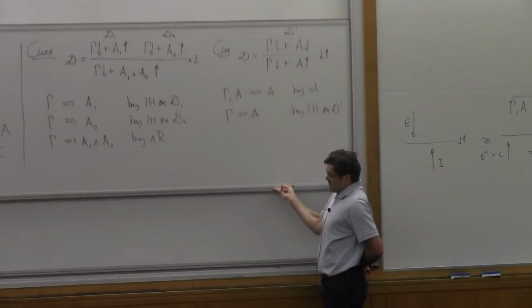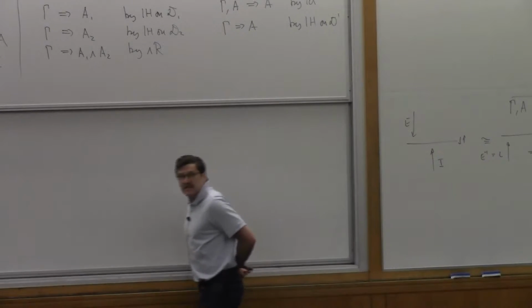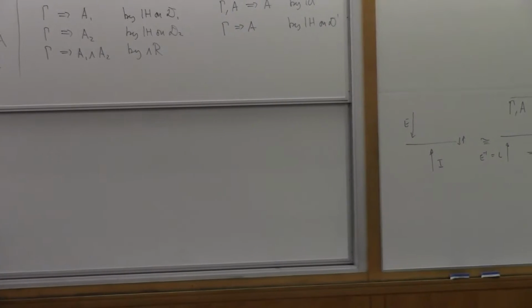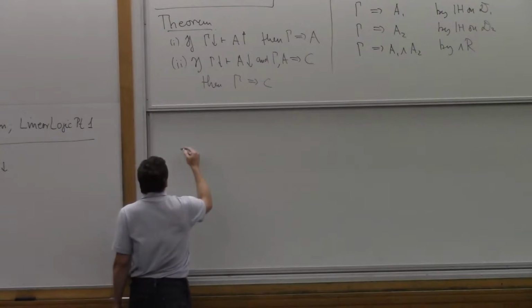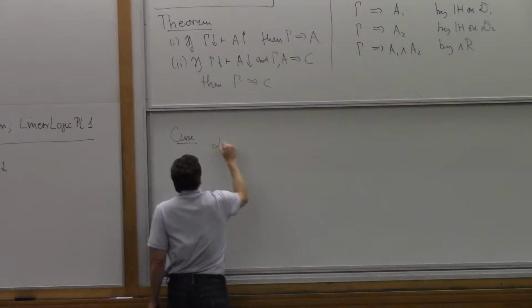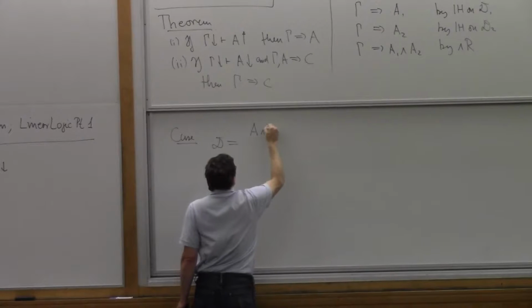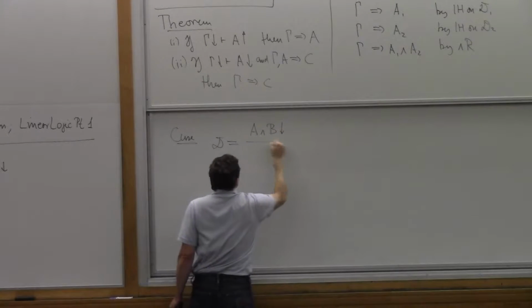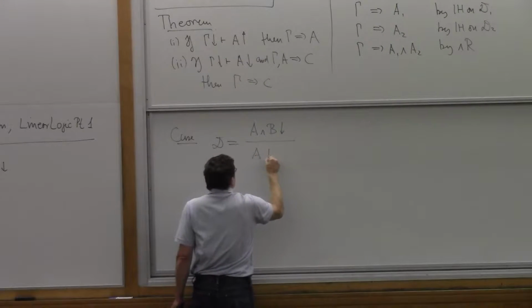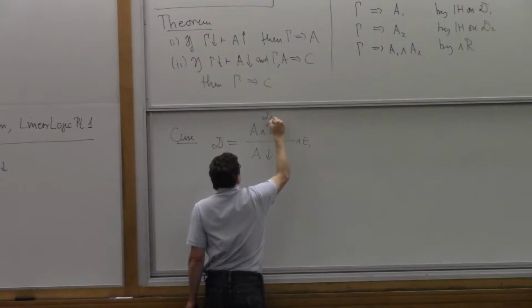I'll do one more case because I want to see one example where the rules turn upside down. So what would be an example of that? Well, some kind of elimination rule. So case D is A and B down, A down, and elimination 1, and let's call this D1.